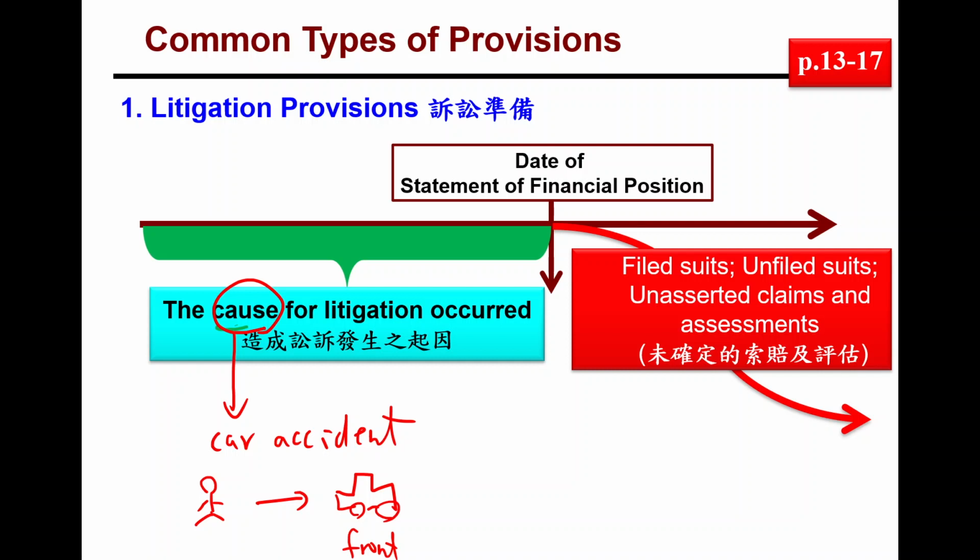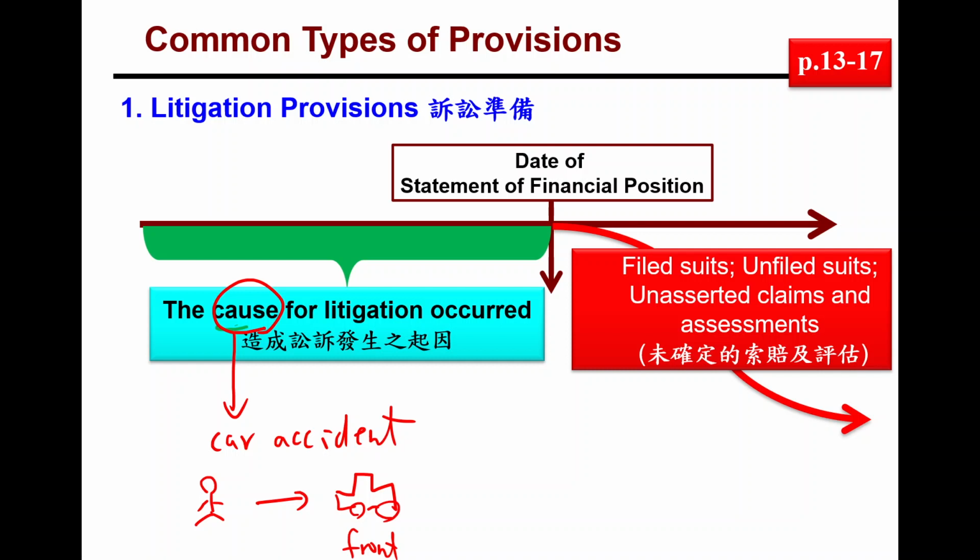Okay? But when we have a car accident, it's whose fault? You or the front car, usually? Who will have more fault, who has to take more responsibility? When a car accident happened, usually it's not only one person's fault.